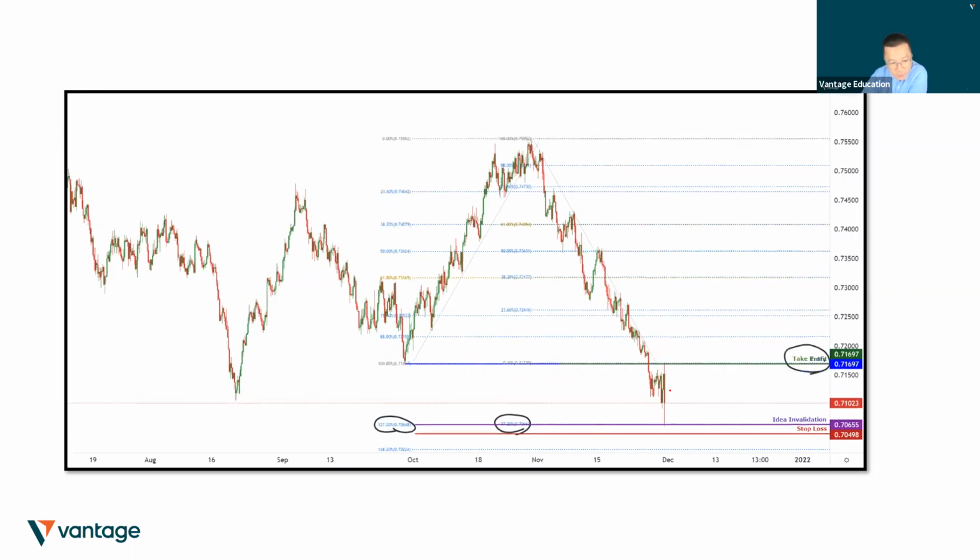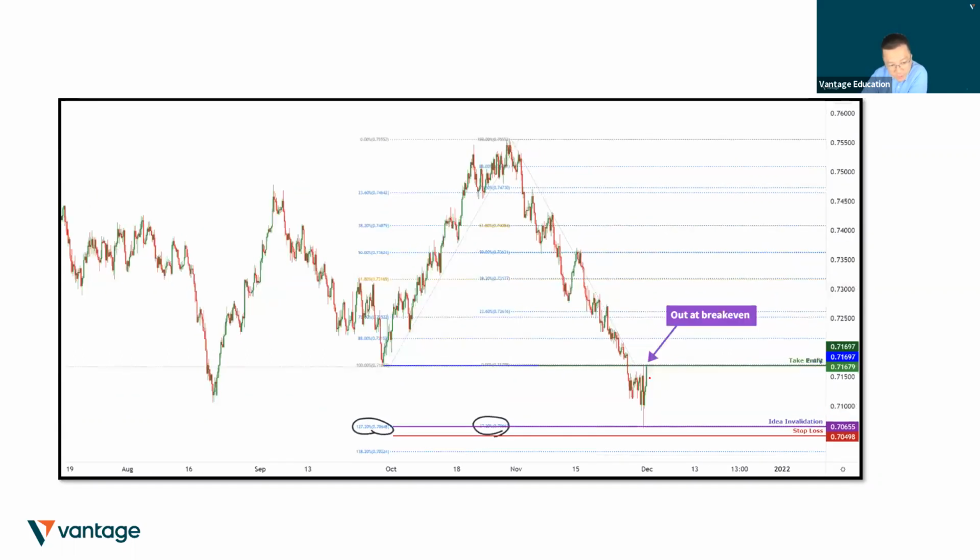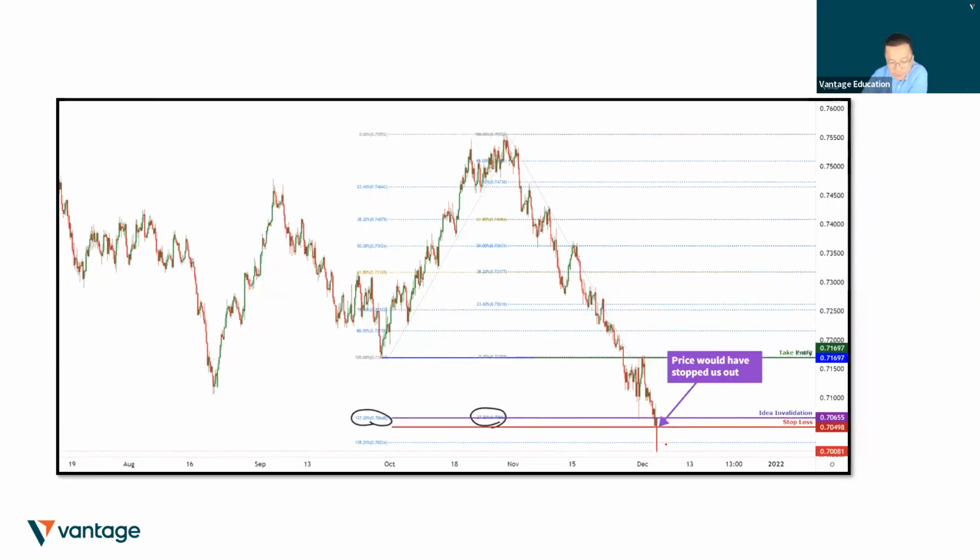And then you see the next moment, it comes back up, gets you out at break even before dropping back down again. Because remember, you can see that this was a bit of a gamble, a bit of a higher risk trade, because we identified this level anticipating that bounce up, similar to what happened.